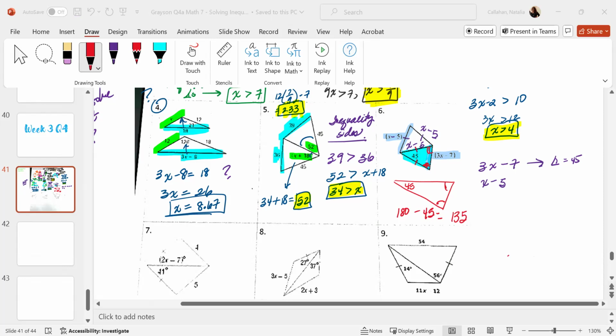Divided by 2. Why do you divide it by 2? Because there's two equal angles. Do you see that? 67.5. So each of these angles is 67.5.